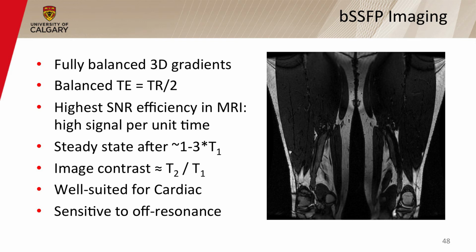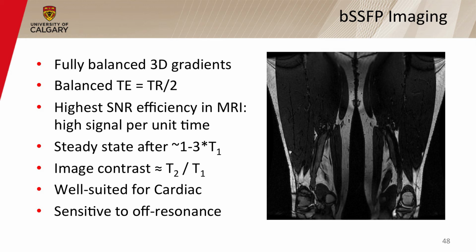But in balanced steady state free precession, because we're able to reduce the imaging time down to very small numbers, which are much shorter than the actual T2 or T2 star of the chemical species, we get this complex weighting, which is actually T2, not T2 star, divided by the T1. So it's actually a mixed image contrast. Because of this high SNR per unit time, it makes it well suited for things like cardiac imaging.